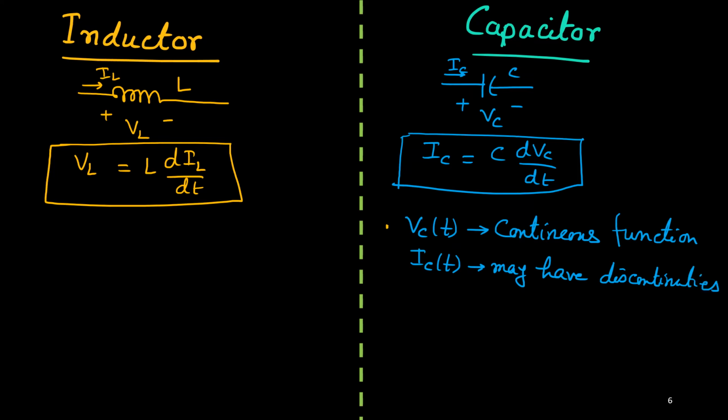Okay, that means it can change suddenly from one value to another value, right? This is important, and this concept is useful for switching problems. If there is a sudden change at t equals capital T, a switching is occurring.